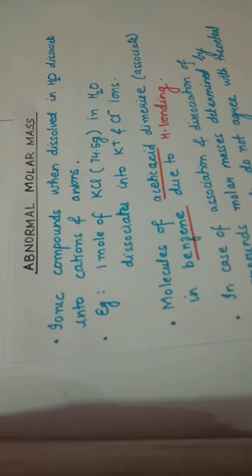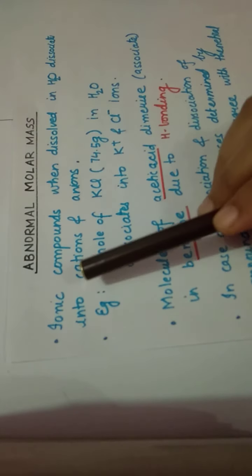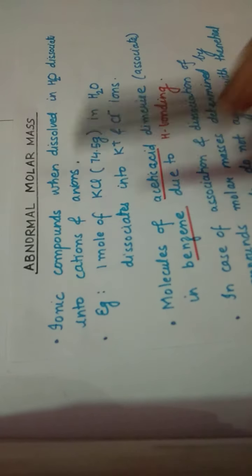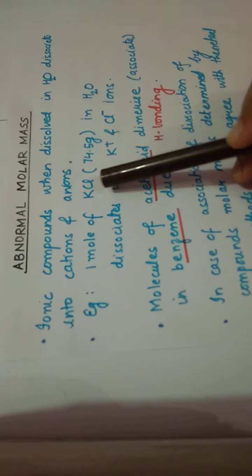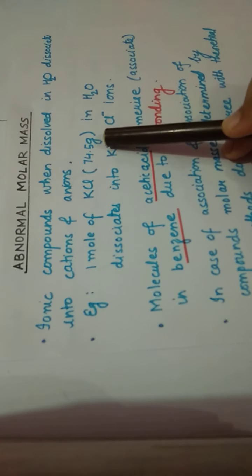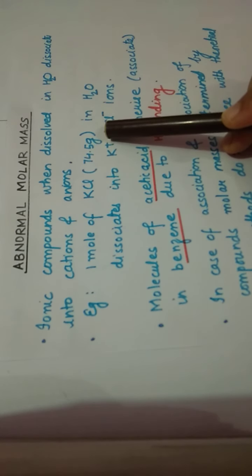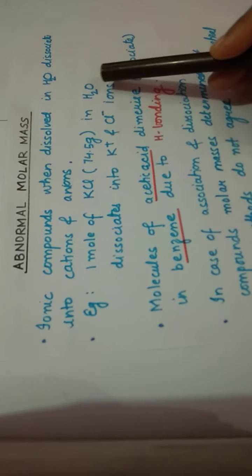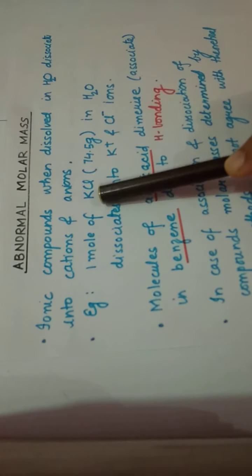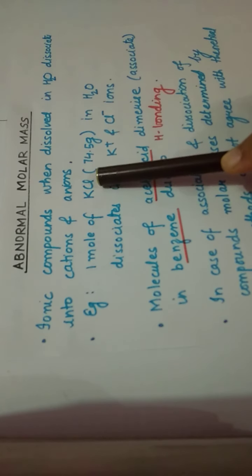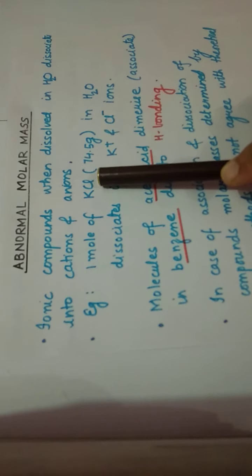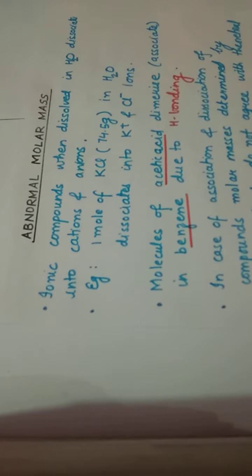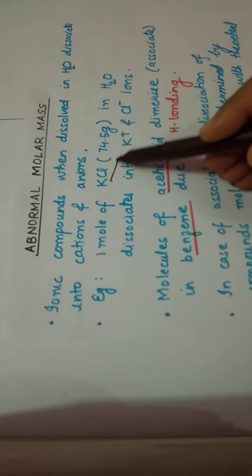Children, whenever we take an ionic compound, it can be any one, like KCl, potassium chloride, having molar mass 74.5 grams. If you dissolve this ionic compound KCl in water, then KCl, being an ionic compound, will break, or dissociate, into K positive and Cl negative ions.